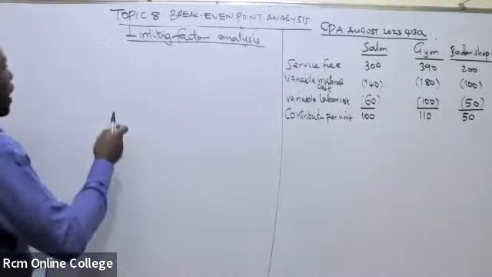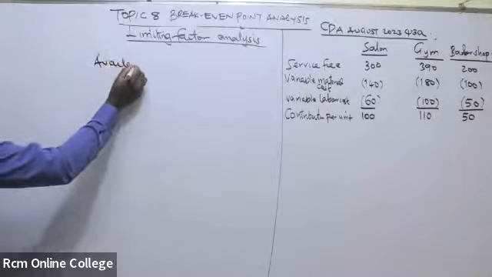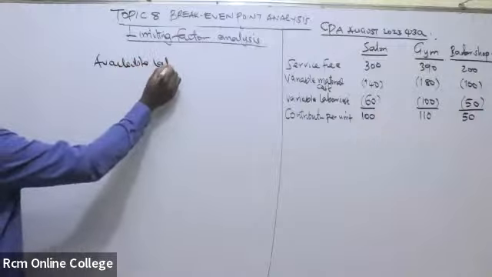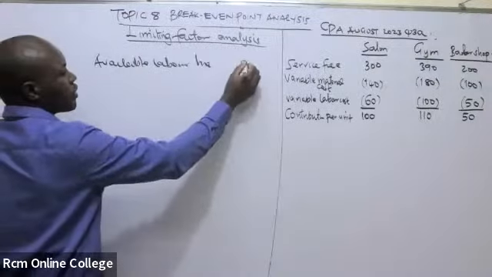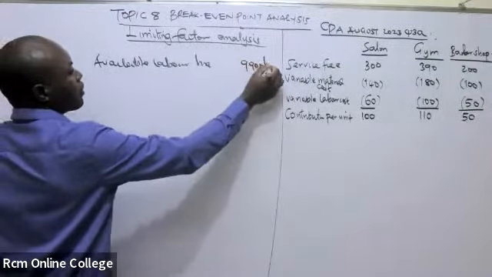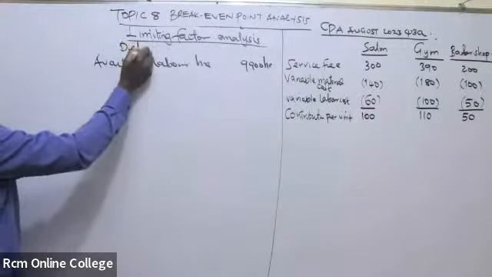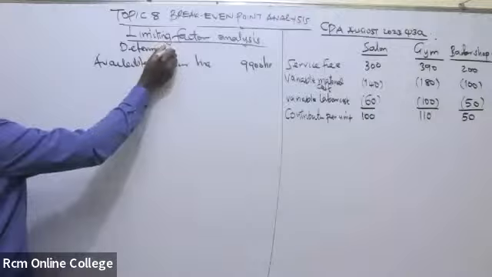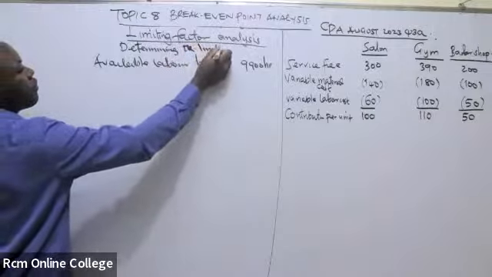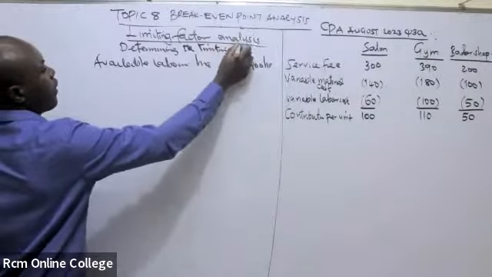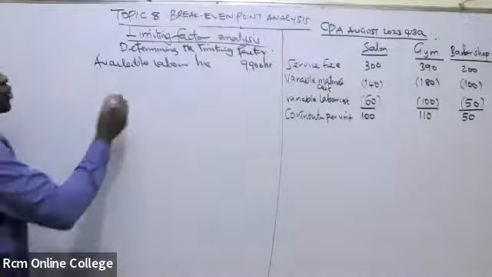So available labor hours is equal to 9,900 hours. What we are doing here at this particular point is determining the limiting factor. Good.